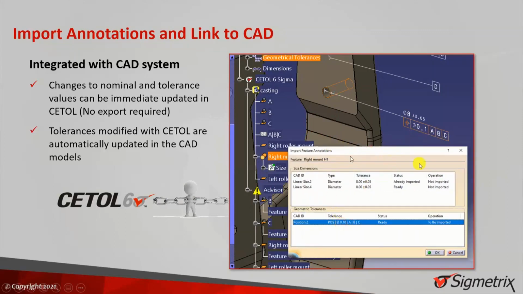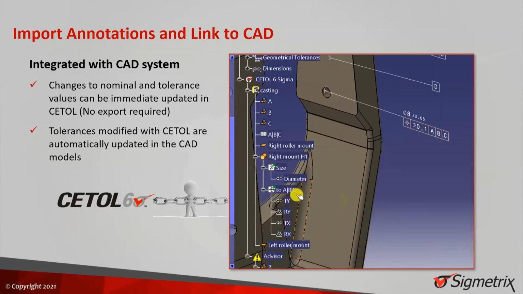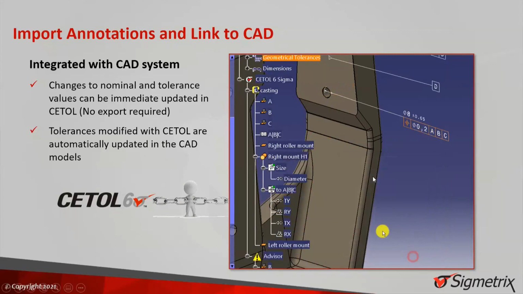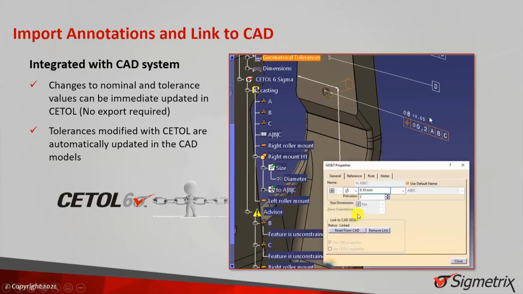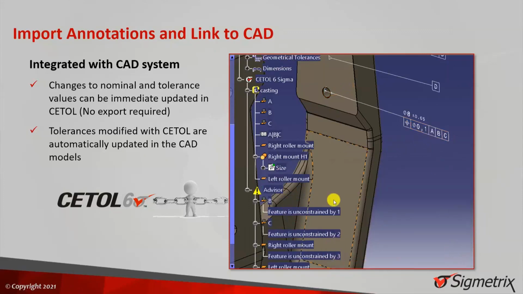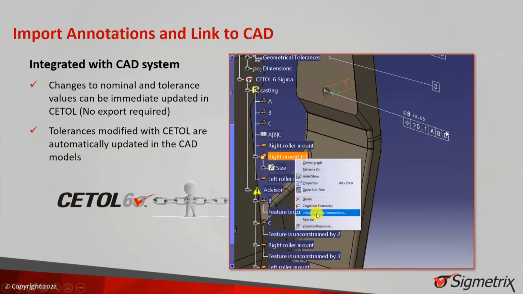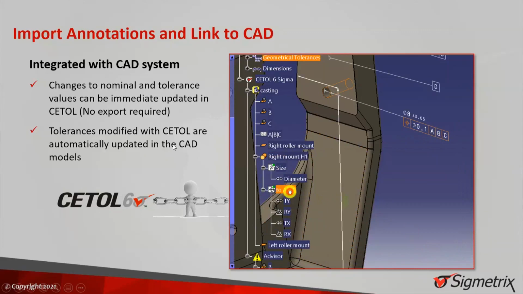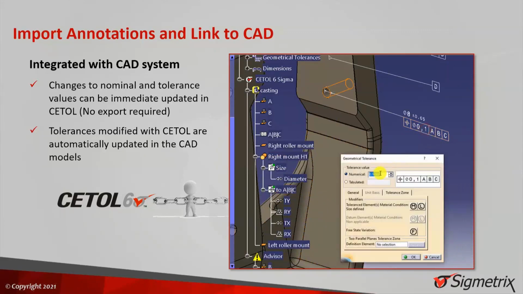You can input the annotation in the 3D model, and you will see the green dot means that they have a connection. So when you change the tolerance in CETOL from 0.1 to 0.2, it will be immediately updated in the CATIA system. This is two-way communication: when you change the tolerance value in the CATIA system, it is also updated in CETOL. So this is fully integrated with the CATIA system.